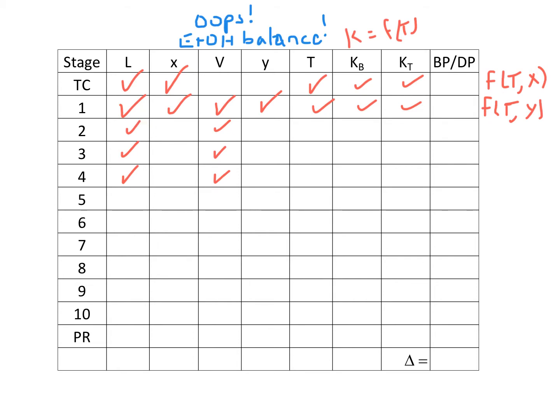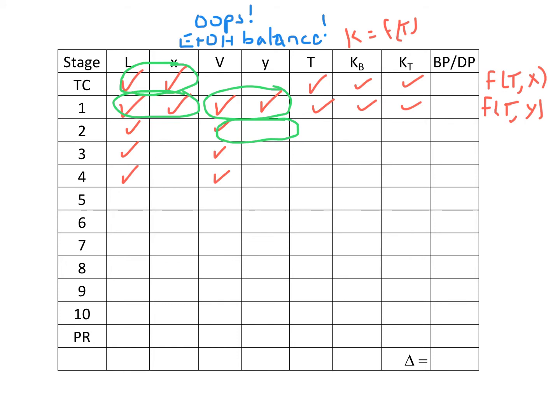The material coming into stage 1 is from the liquid leaving the total condenser and the vapor leaving stage 2. What leaves stage 1 is L at stage 1 and vapor at stage 1. So the only thing we don't know in all these variables is the value of Y leaving stage 2 and going into stage 1. That's what we need to calculate.